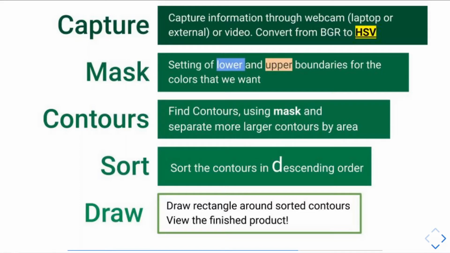Then what we will do is sort the array into descending order so that we will be able to get the largest contours. That's what we'll do over here in the fourth step. And lastly, we'll draw a rectangle around the sorted contours to view the finished product.